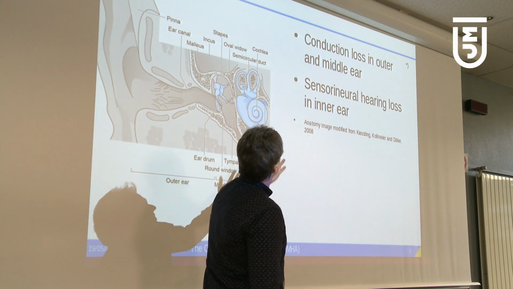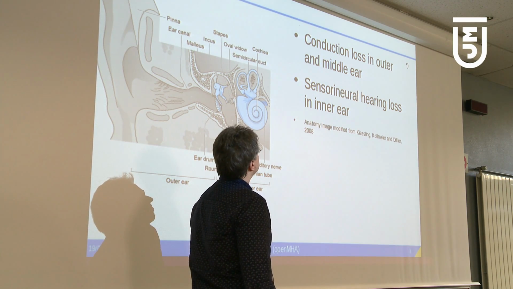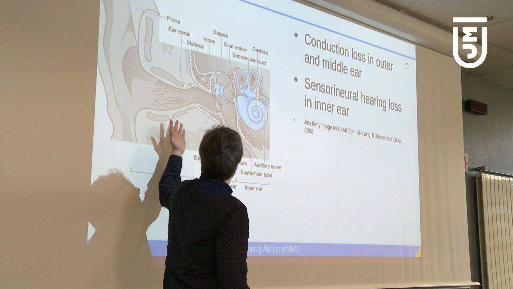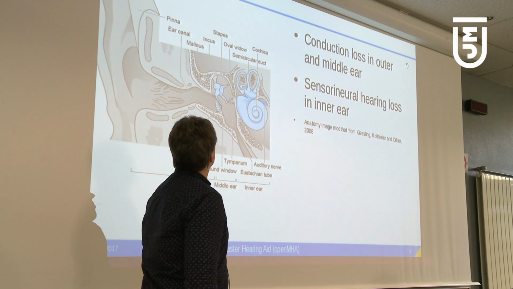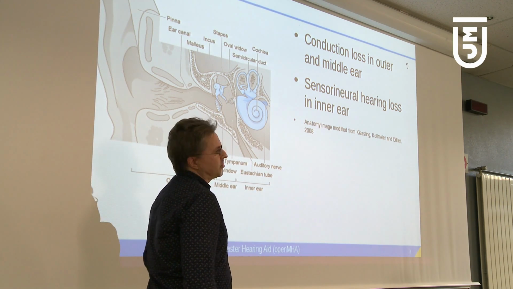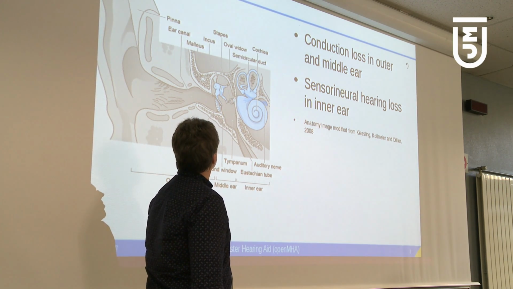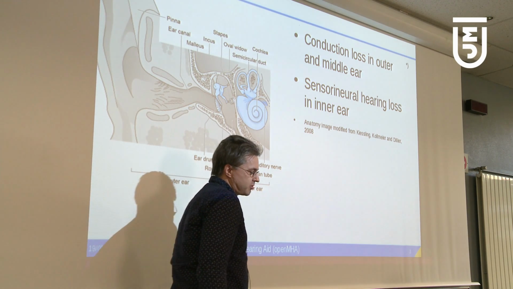But first, there are 2 different types of hearing loss. The first is conduction loss that can happen in the outer or in the middle ear. For example, if parts are missing, like the eardrum is missing or the ossicles are missing, parts have been ossified, the path is obstructed, or something has grown shut.